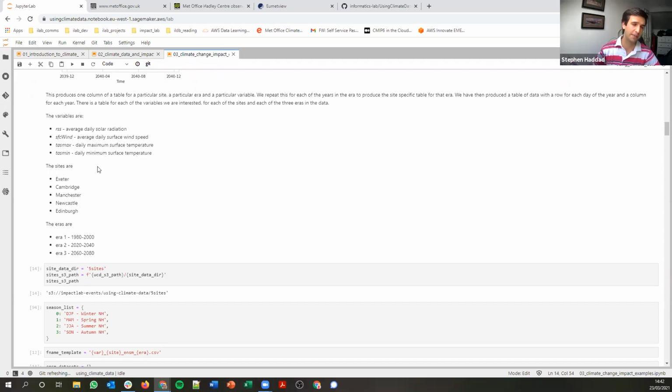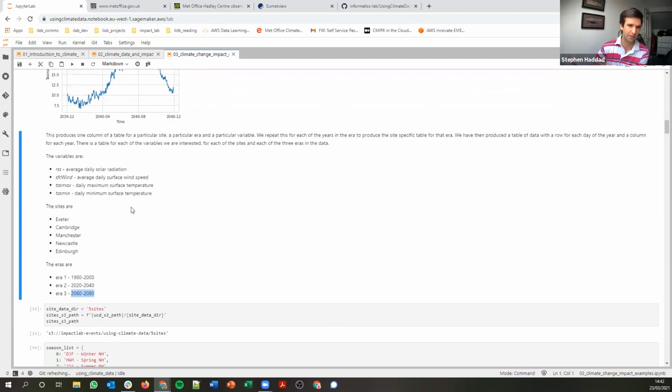We've extracted them at these sites: Exeter, Cambridge, Manchester, Newcastle, and Edinburgh in the UK. And we're looking at 3 eras of time: the climate in 1980 to 2000, 2020 to 2040, that's sort of present, and then in the future, 2060 to 2080, and see how those variables at those sites differ.